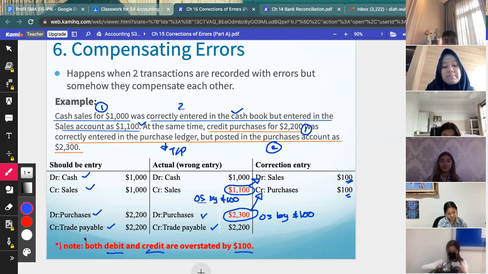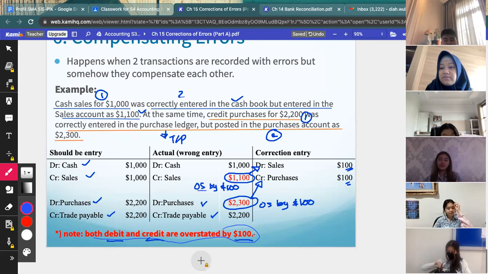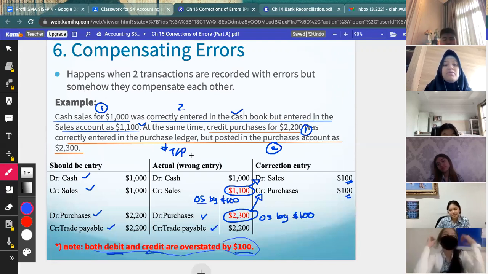Like for this example, both debit and credit are overstated by the same amount. Yeah. Clear enough? Is it confusing? Confusing, yeah, on the last one. Compensating error, right? I told you this one is quite difficult.